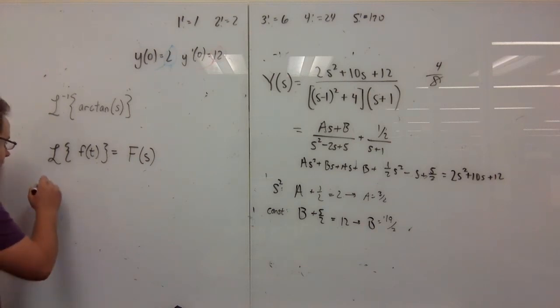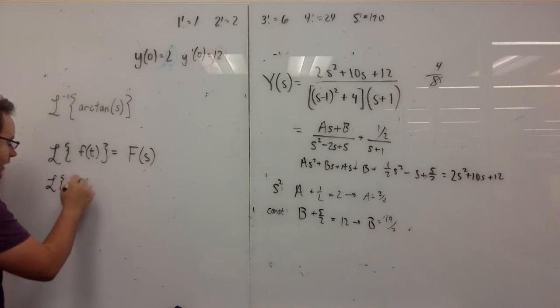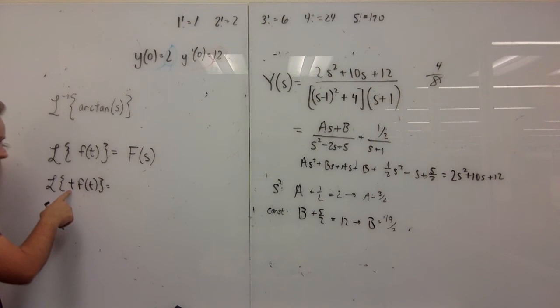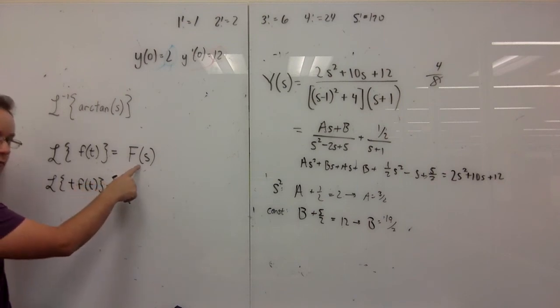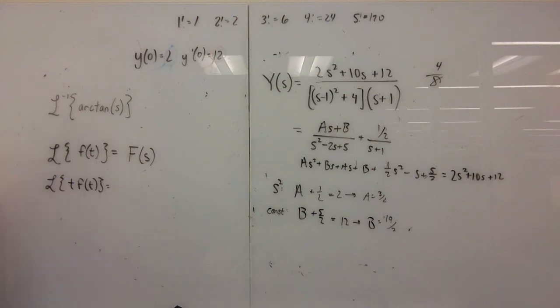Okay, let's do this. The Laplace transform of t times f of t would be what? What does the extra factor of t do? Remember that rule way back when? For every power of t that you have, you take a derivative of this F of s.